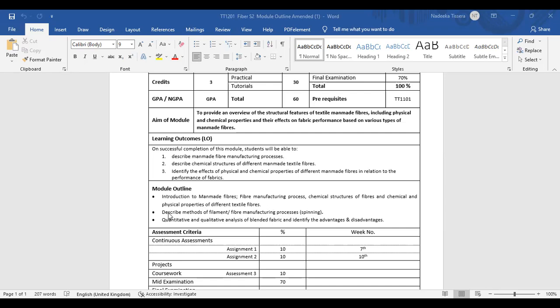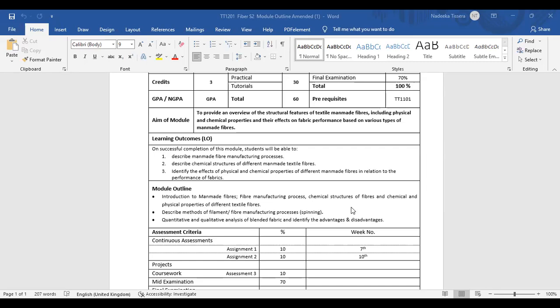Then we are going to talk about different filament or fiber manufacturing processes. We call it spinning. Even cotton yarn goes through a spinning, but it is not the same spinning process that we use for man-made fibers.